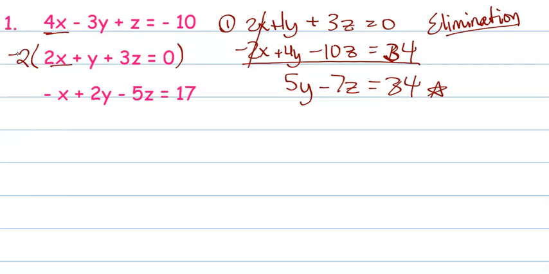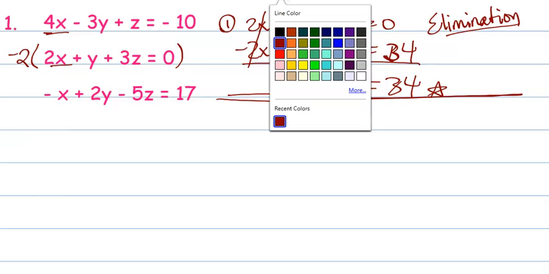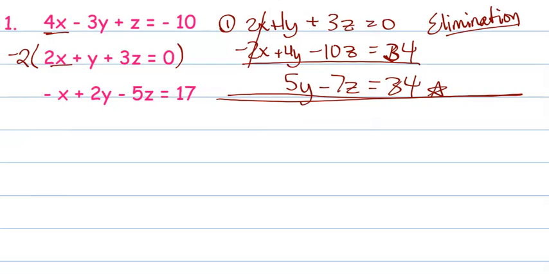So let me separate this area. I'll use a different color too. Use this teal color. So this will be step 2. And I'm going to rewrite the top one because that one did not change.